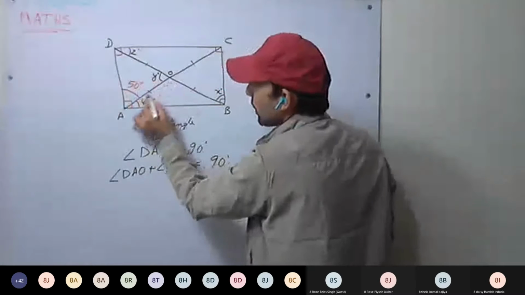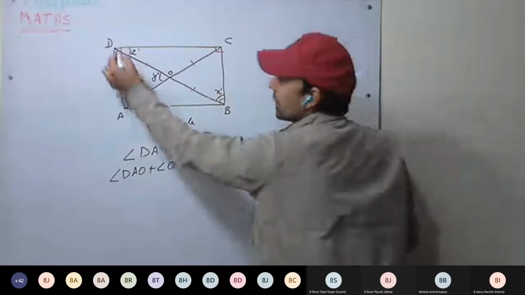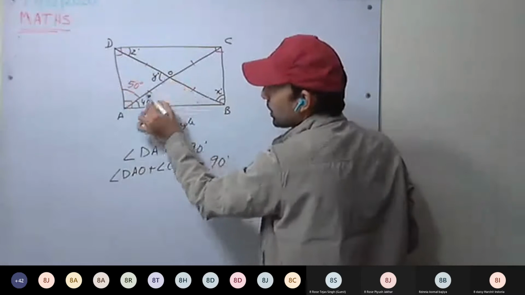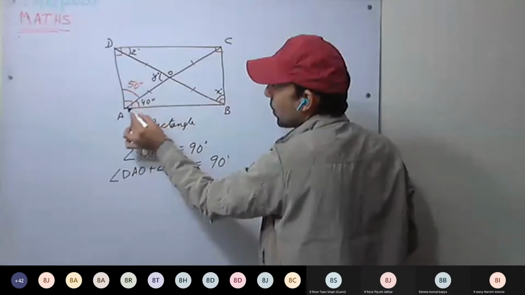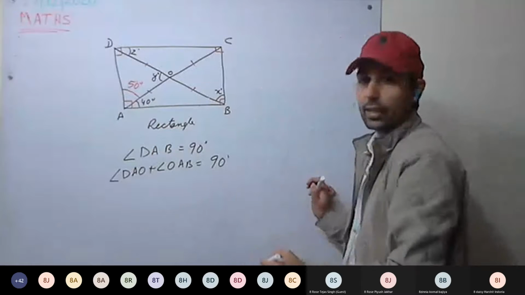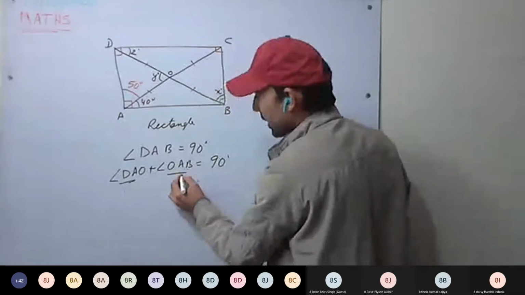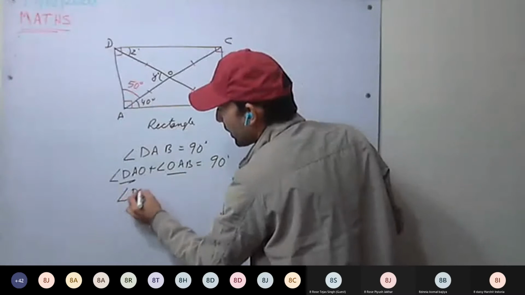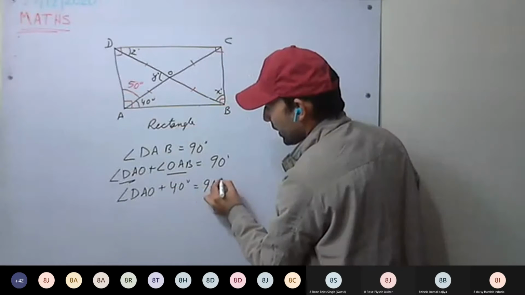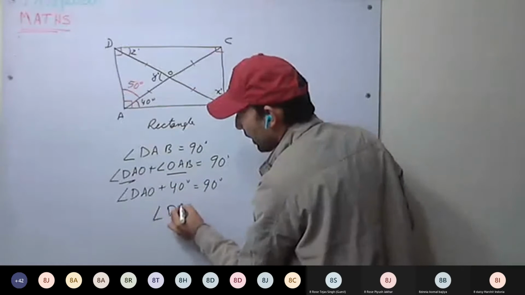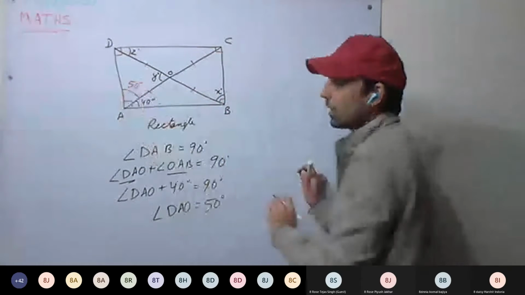This angle plus this angle is 90 degree. Angle DAO we have to calculate. So angle DAO plus 40 degree equal to 90 degree. Angle DAO is 50 degree. So we have calculated this angle.